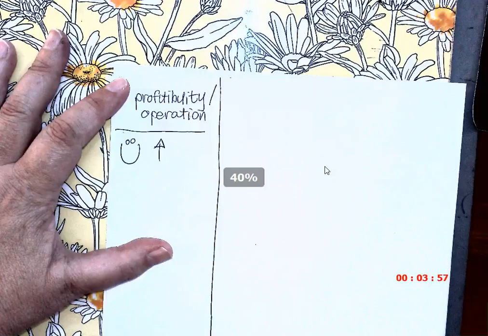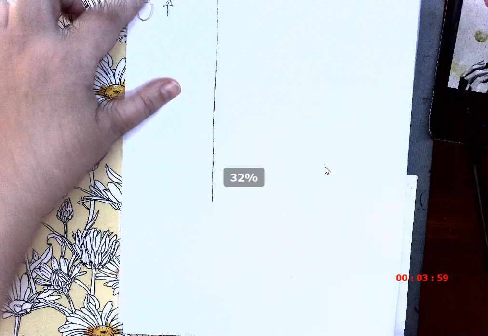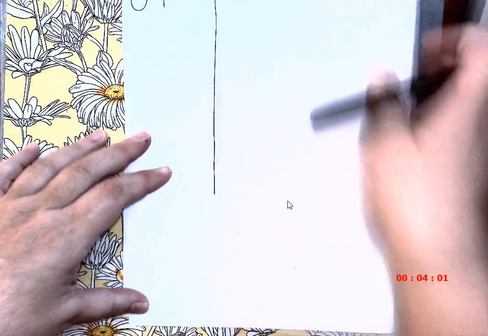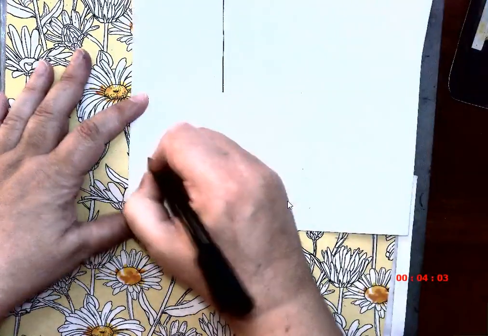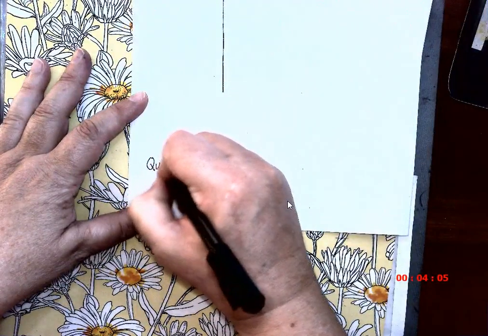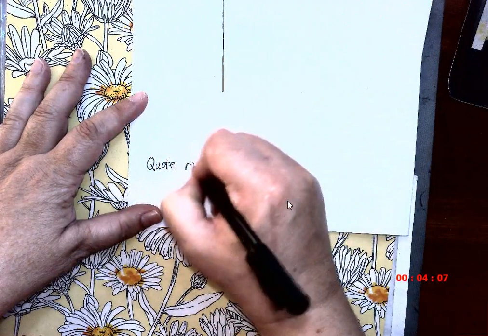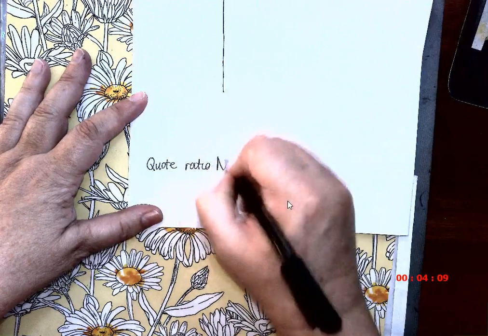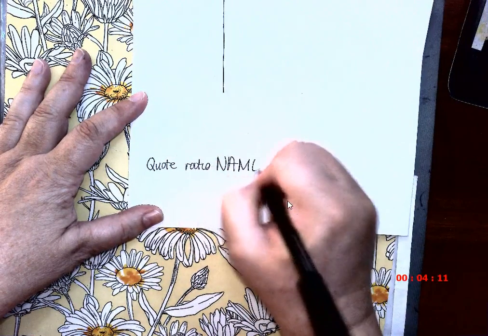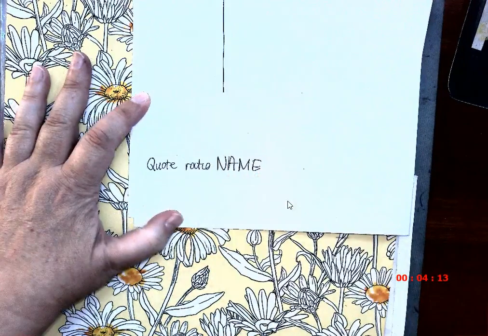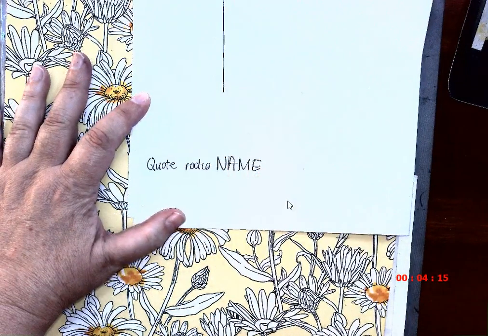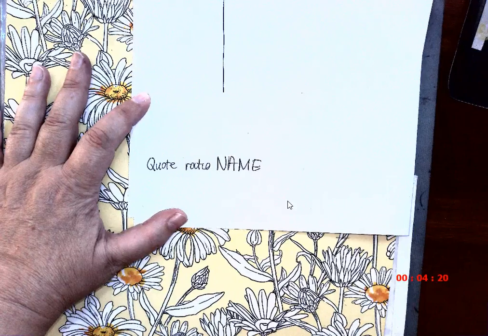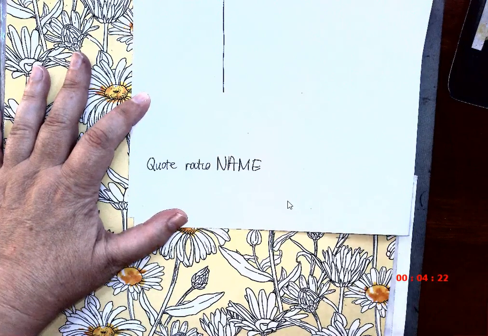Now I'm going to quickly tell you the format of answering. The format of answering is always, you quote the ratio, so you quote the ratio's name. That's the first thing you always do. In other words, you don't just say it increased from this to this. You have to name it.